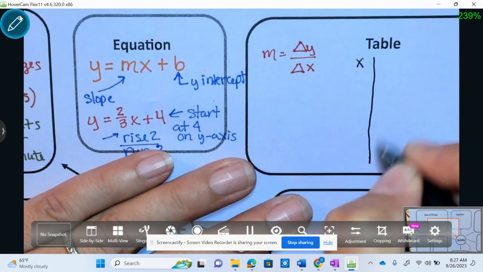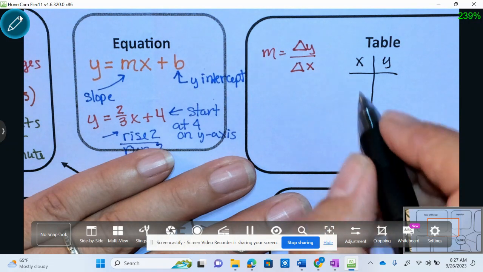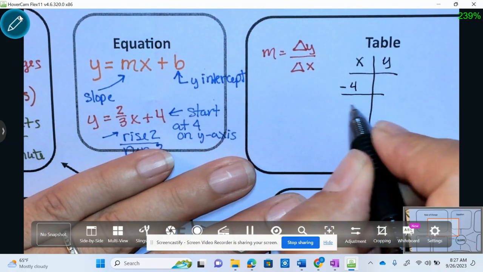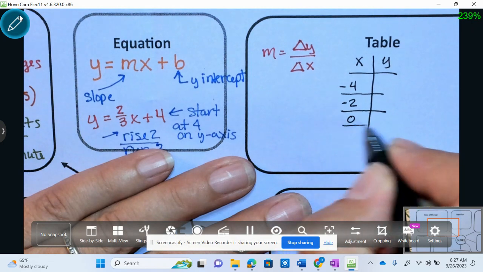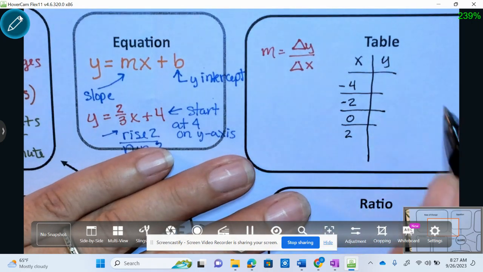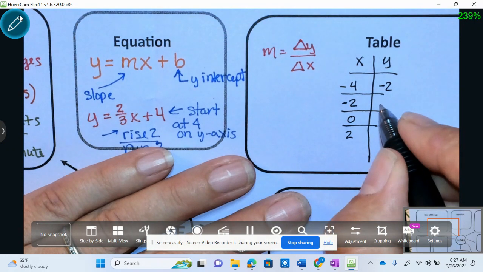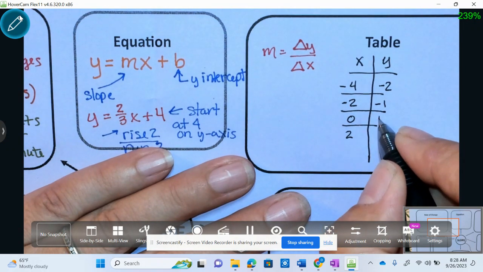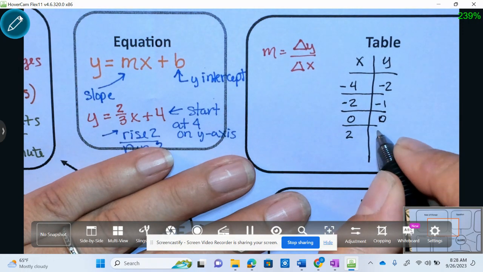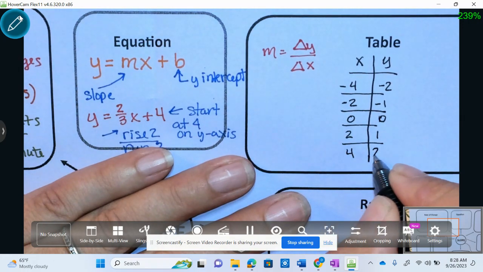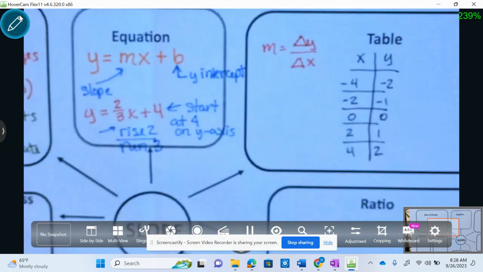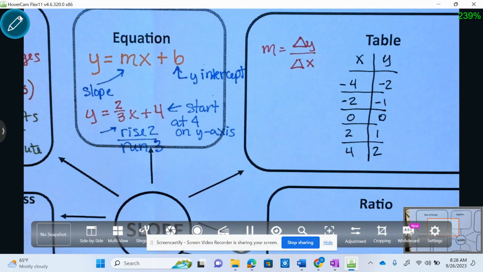Doesn't have to be fancy. In my table, I have on the x-axis, -4, -2, 0, 2, 4. And on the y, I have -2, -1, 0, 1, 2.